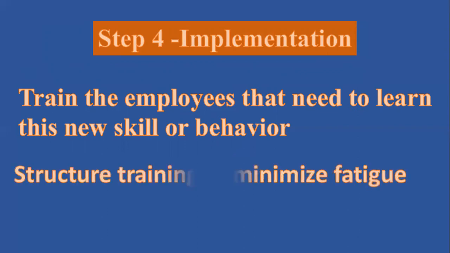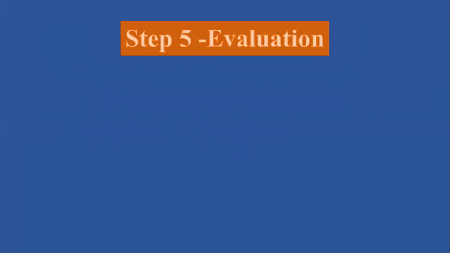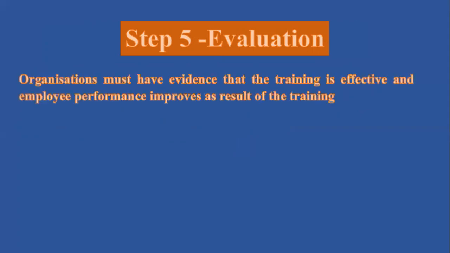And now moving on to the fifth step, evaluation. Evaluating the training is the most overlooked step. In many instances, organizations will spend a lot of time and resources on the first 4 steps and then completely forget about what is arguably the most important part of the training process.